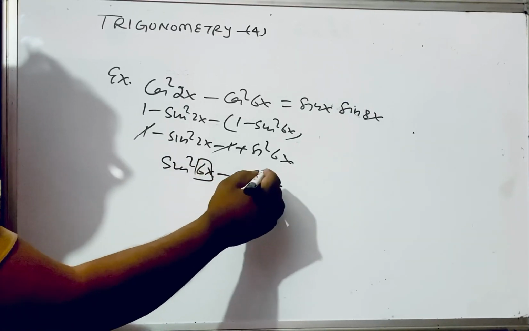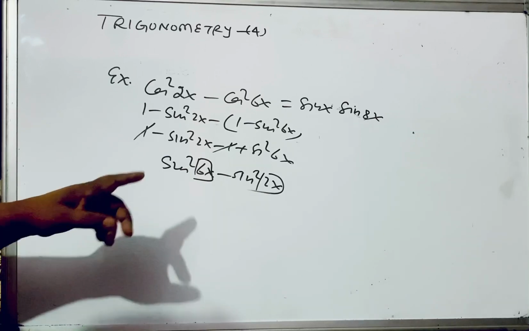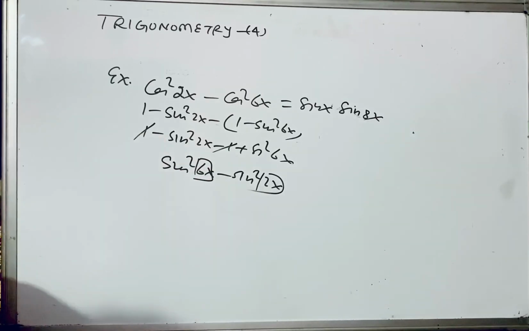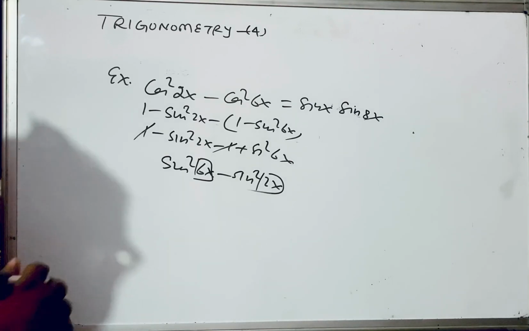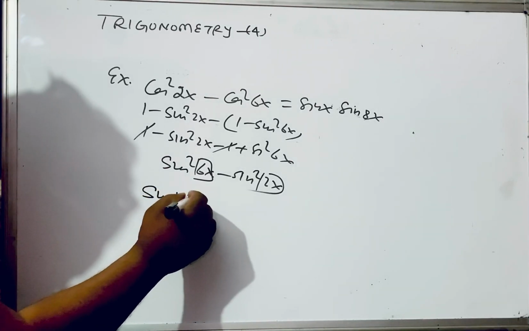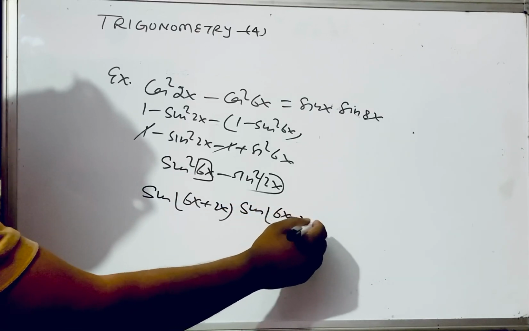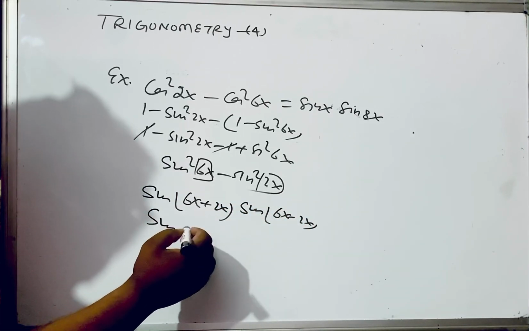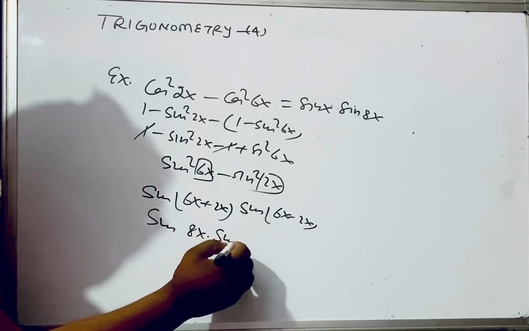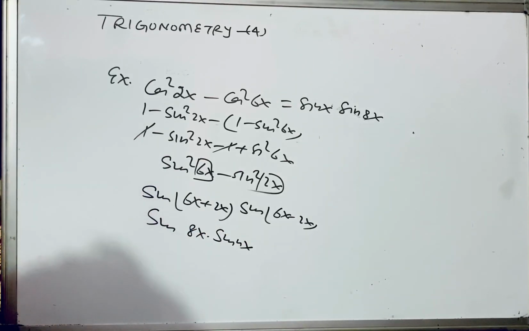Now this is A and this is B. We know that sin square A minus sin square B is equal to sin A plus B into sin A minus B. We will get sin 6x plus 2x into sin 6x minus 2x. This is sin 8x into sin 4x. This has been proved.